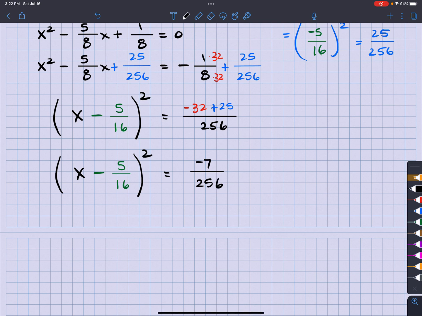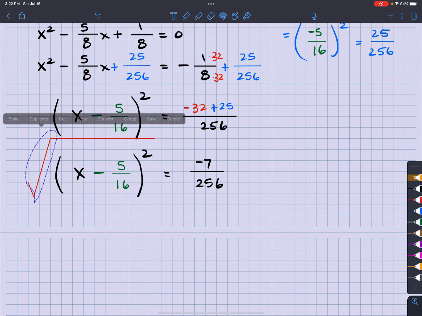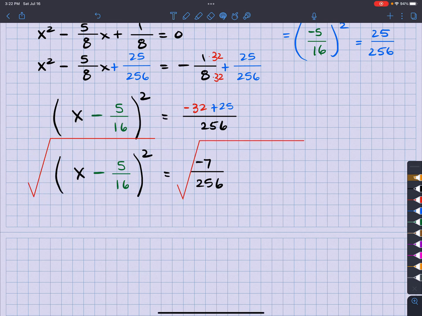Okay? So now I got to take the square root of both sides. So which means I have to take the square root of the other side as well.